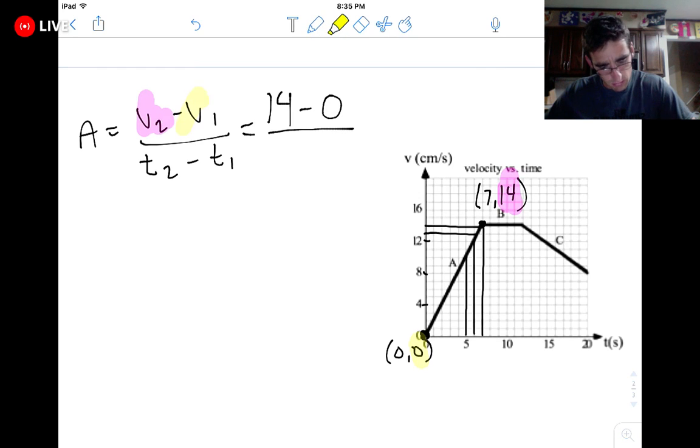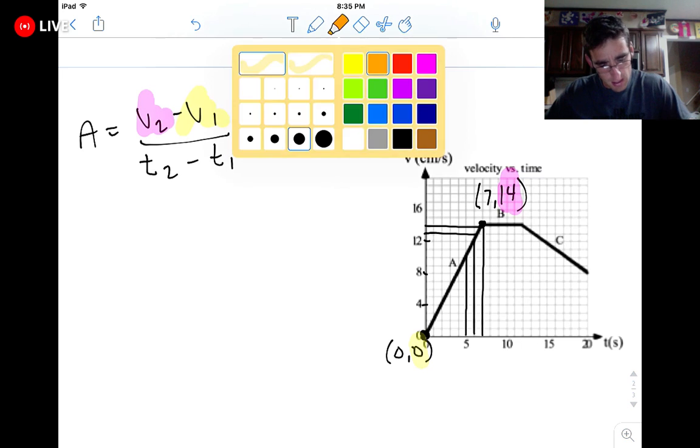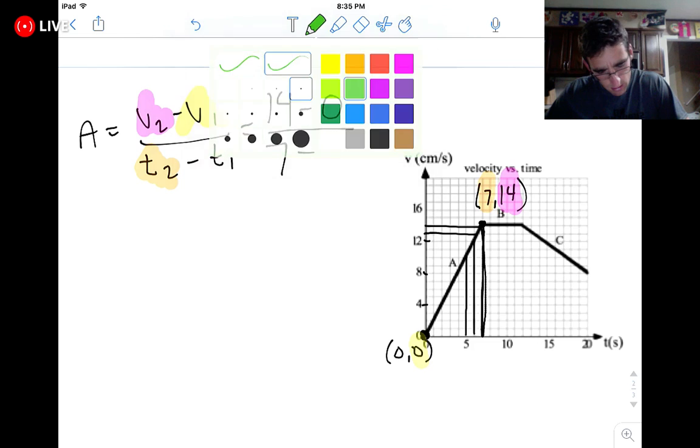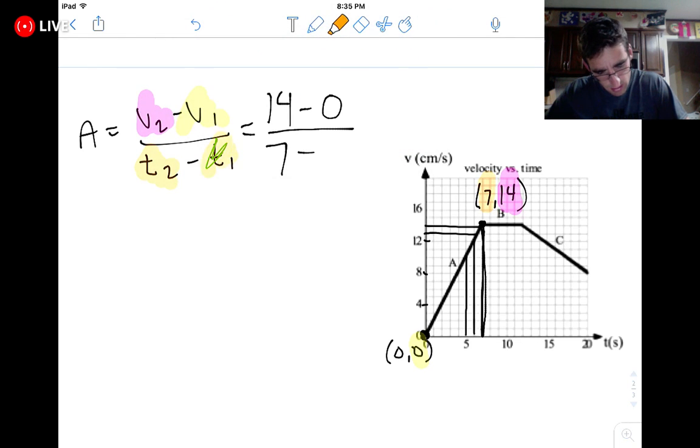Now my second time was right there, which makes 7 seconds. And my first time was this, 0.